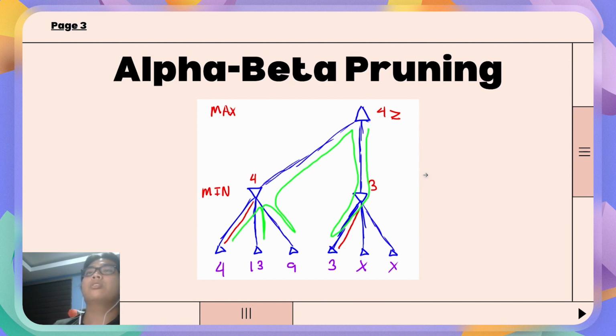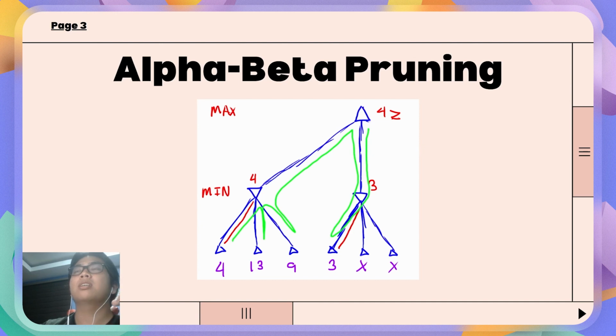So because player 2 encounters a value of 3, player 1 is now going to say, okay, this node here, the largest possible value I can get is a 3.